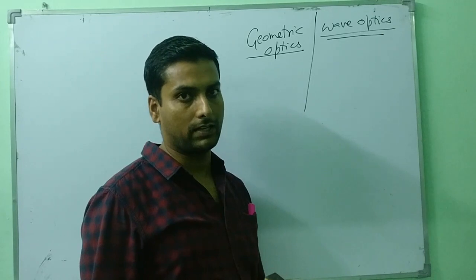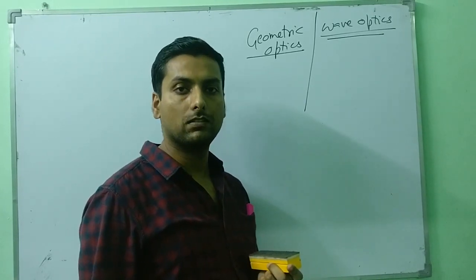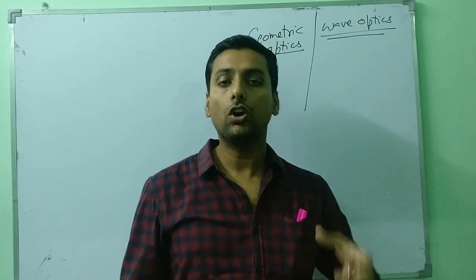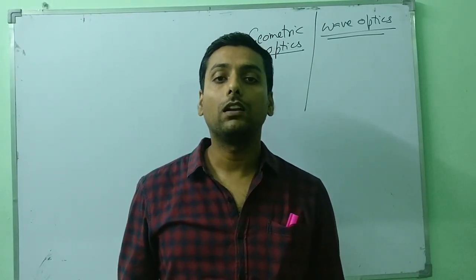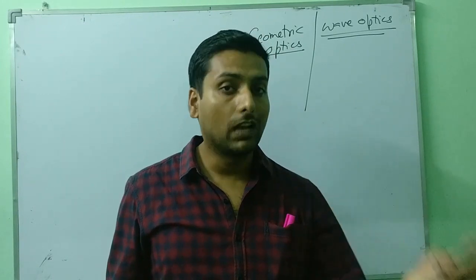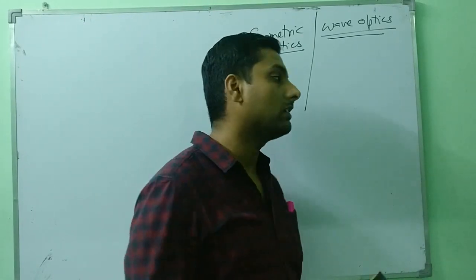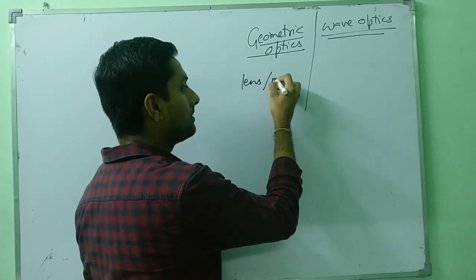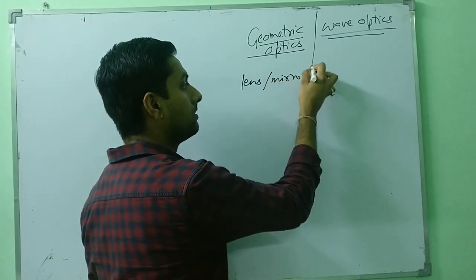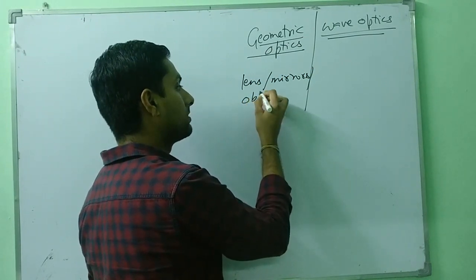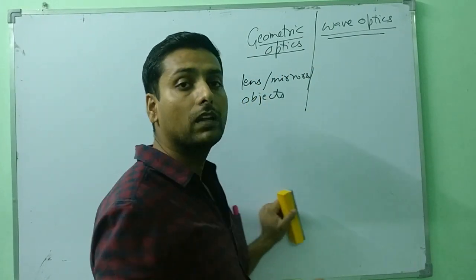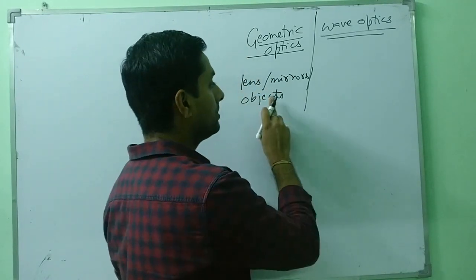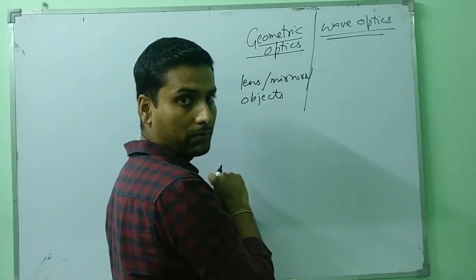But this is not the basic difference. The basic difference is when you have materials or objects that are not comparable to the wavelength of the light, then that is called geometric optics. For example, your lens, your mirrors, your other objects, these you never compare with the wavelength of the light. With that reference, we say it is geometric optics.